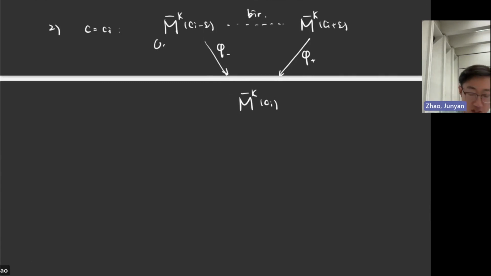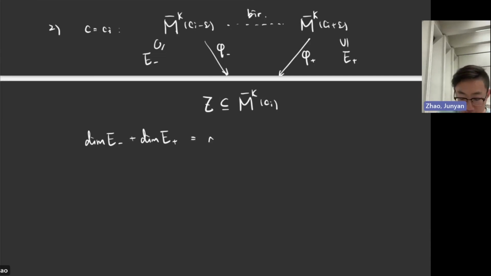And in particular, if you denote E minus and E plus, as well as Z to be the exceptional locus, then we have the dimension of E_i plus the dimension of E minus plus the dimension of E plus is equal to the dimension of Z plus the dimension of the moduli space plus 1.